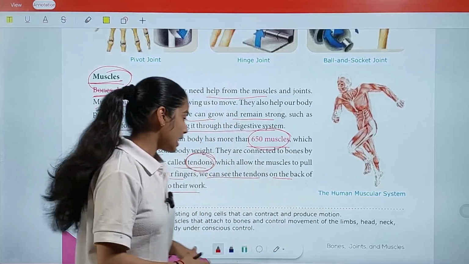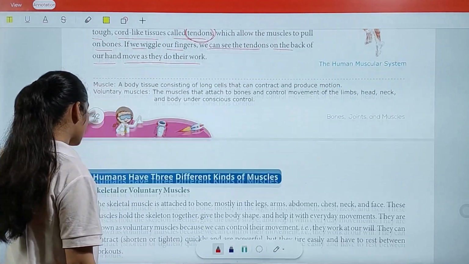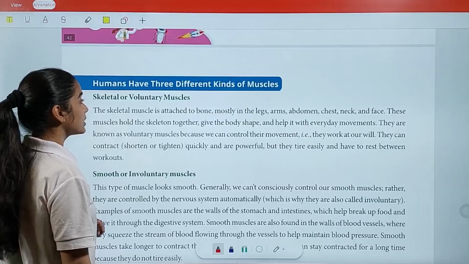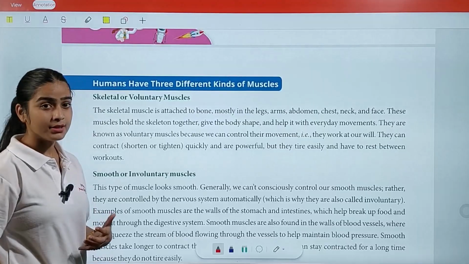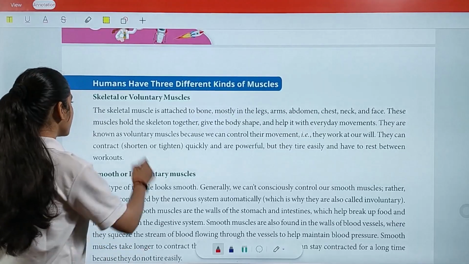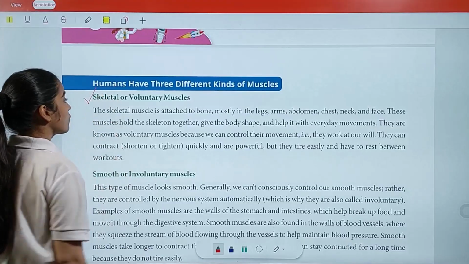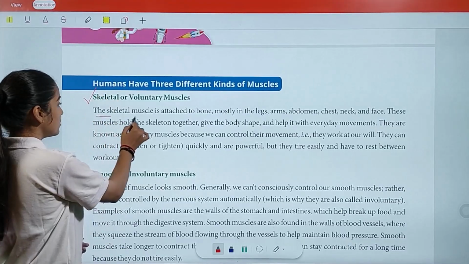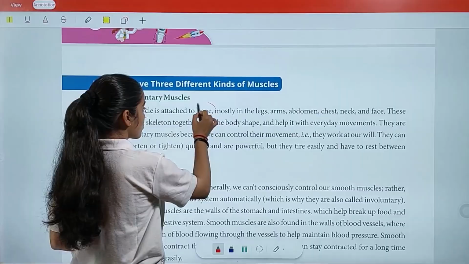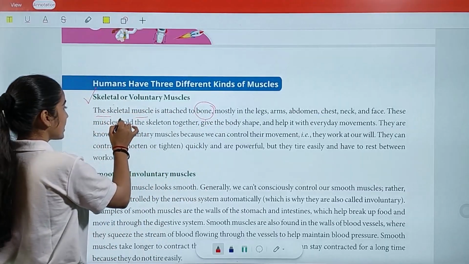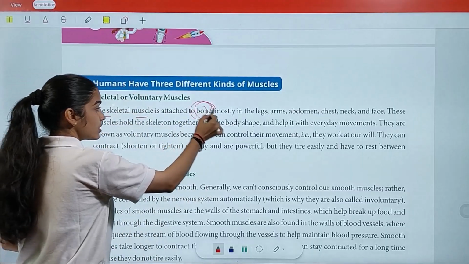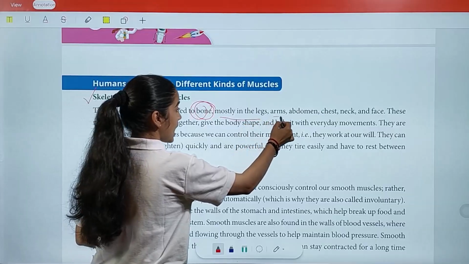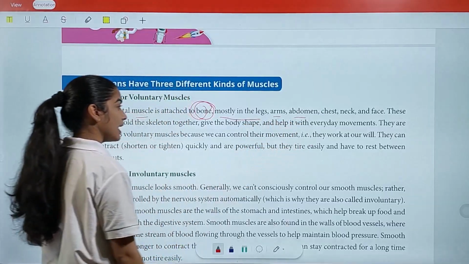Okay, now next, what we have to understand: humans have three different kinds of muscles. The first we have is skeletal or voluntary muscles. The skeletal muscles are attached to bone, mostly in the legs, arms, abdomen, chest, neck, and face.